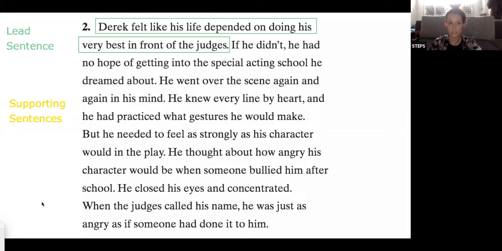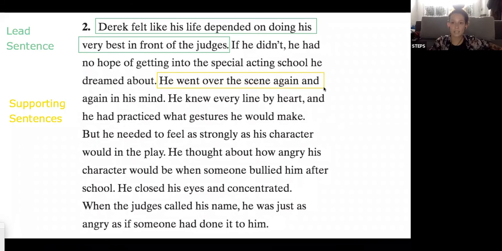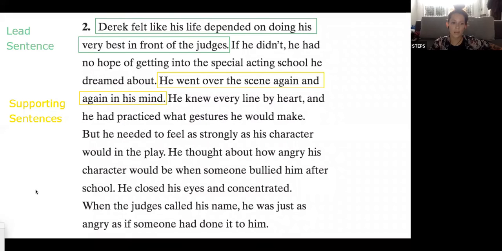Maggie, do you see any supporting sentences here that give good description of what Derek is feeling? He went over the scene again and again in his mind. All right, what does this tell us about Derek? It tells us that he is nervous. Yeah, it tells us that he's nervous. He's practiced over and over again.